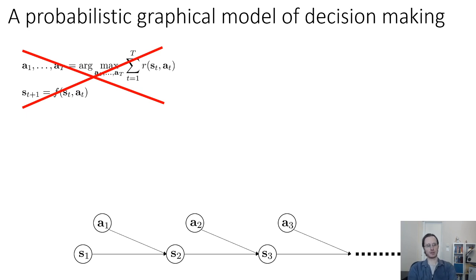When we want to represent stochastic events, a very powerful tool that we often turn to is the tool of probabilistic graphical models. So that's what we're going to do in today's lecture. We're actually going to draw a probabilistic graphical model such that inference in that model results in near-optimal behavior.